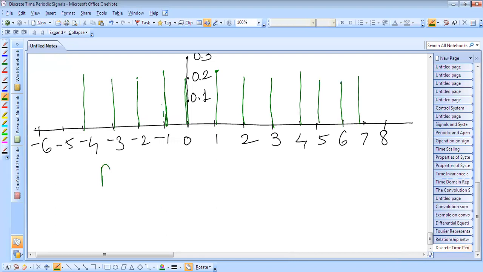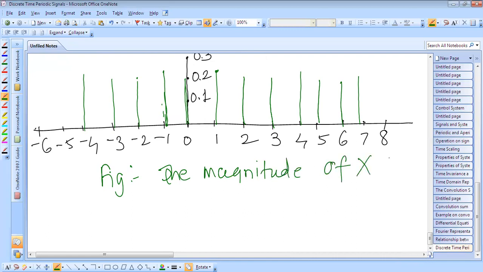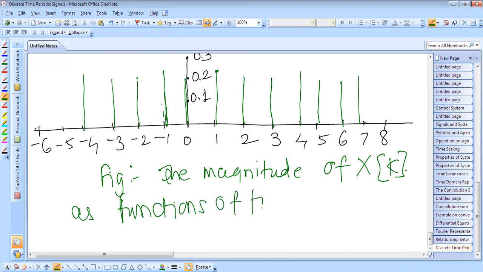So we can say this is a figure, the magnitude of x of k as a function of the frequency index k.